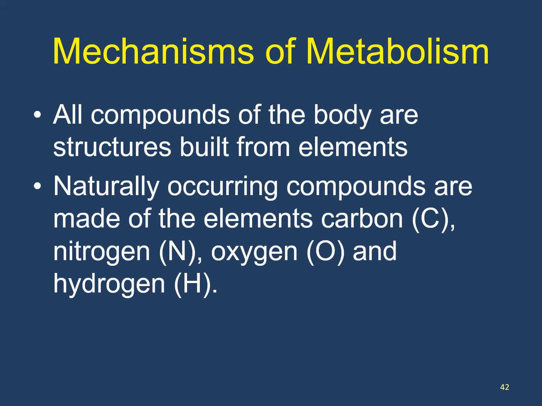Now, of course, there are other elements in the body, like phosphorus is one, iodine is another. But the four core elements from which compounds are built are carbon, nitrogen, oxygen, and hydrogen.